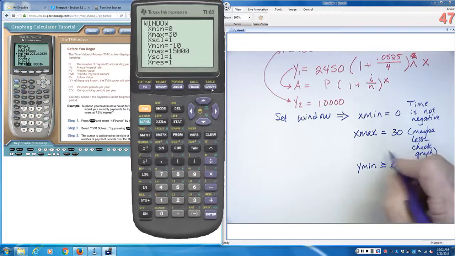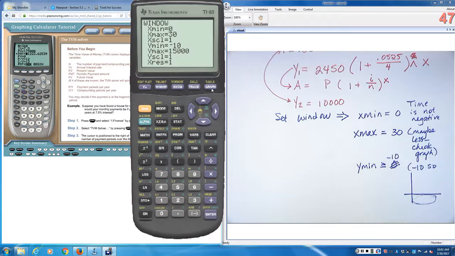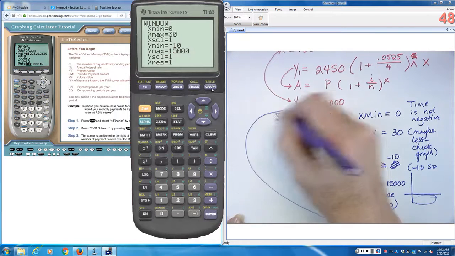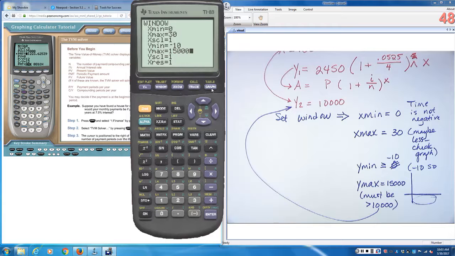And then Y max, I set at 15,000, because it has to be greater than 10,000 because of this. So there's a little bit of thinking about how you would have to do this. And then you just hit graph.